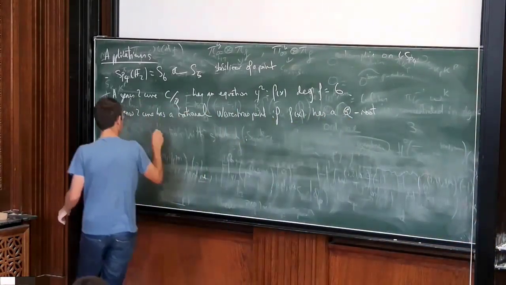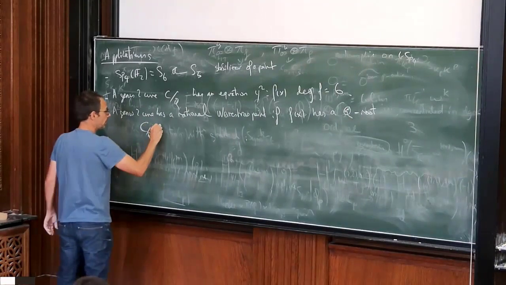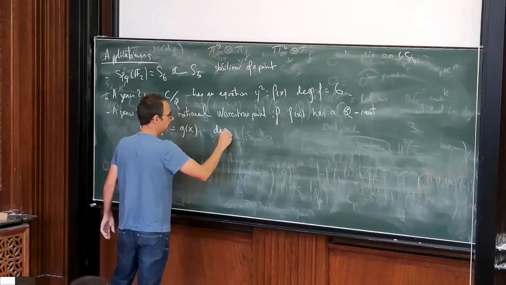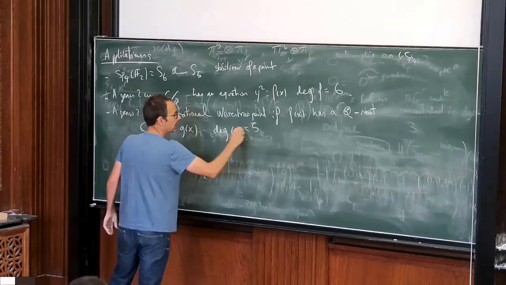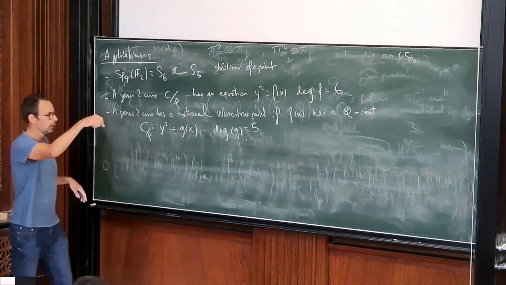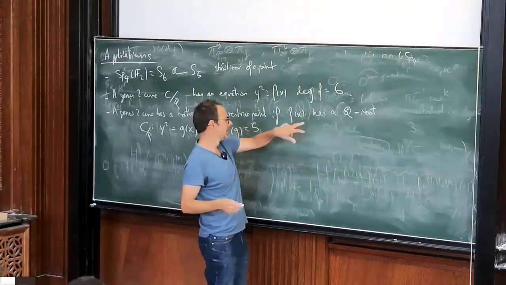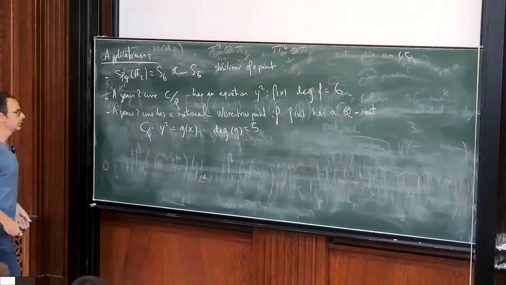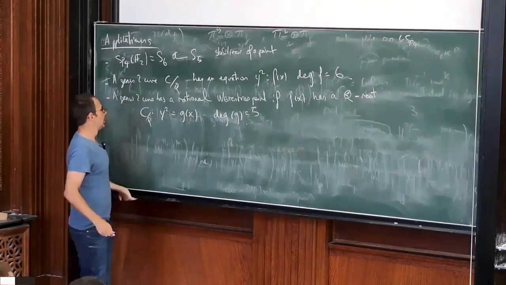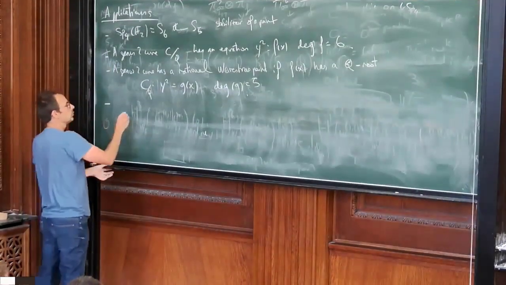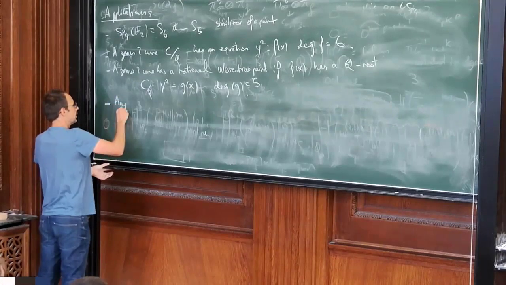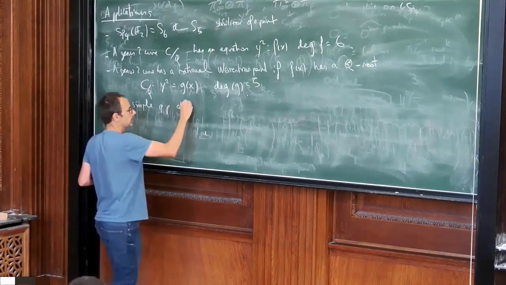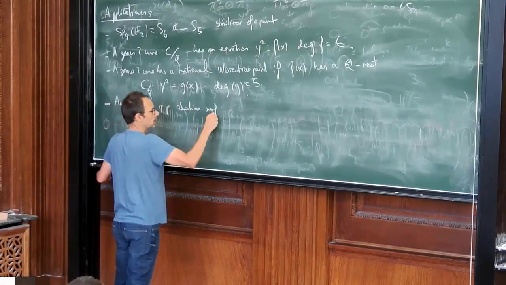Namely, C over Q has an equation y squared is g of x, where the degree of g is 5. So you do some change of variable that sends the Q root of f of x to infinity, and that way you reduce the degree of the equation by 1. And maybe it's also useful to know that any simple principally polarized abelian surface is a Jacobian.